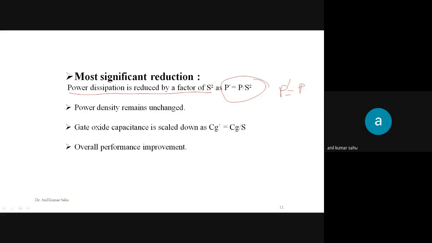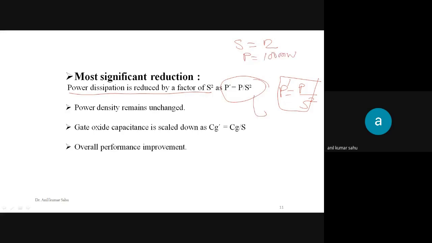Initially, before scaling, the power dissipation is P, but after scaling, the power is reduced by S square. Suppose S is 2, and initially the power is 100 milliwatt.